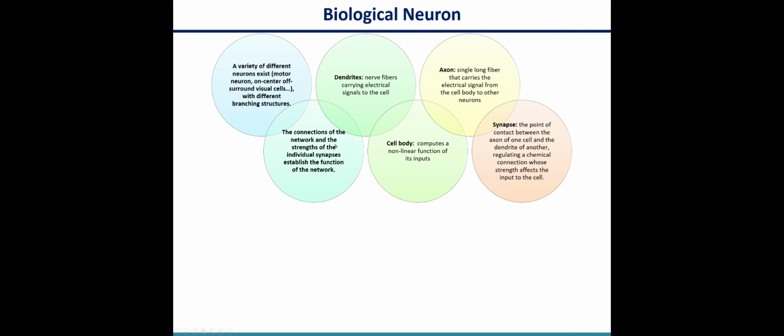The connecting of the network and the strength of the individual synapses establish the function of the network. Dendrites are nerve fibers carrying electrical signals to the cell, and the cell body computes a non-linear function of its input. The axon is a single fiber that carries the electrical signal from the cell body to other neurons. Synapses are the point contact between the axon of one cell and the dendrites of another, regulating chemical connection whose strength varies.